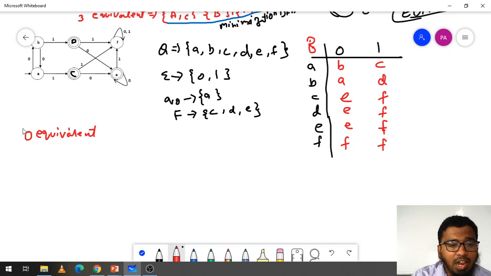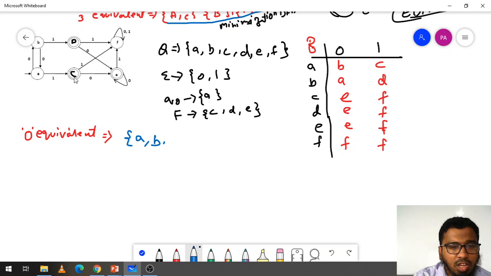Zero equivalent. What is zero equivalent? That is very simple. Here, zero equivalent means you need to separate the final states and the normal states. First step: A is a normal state and B is a normal state.